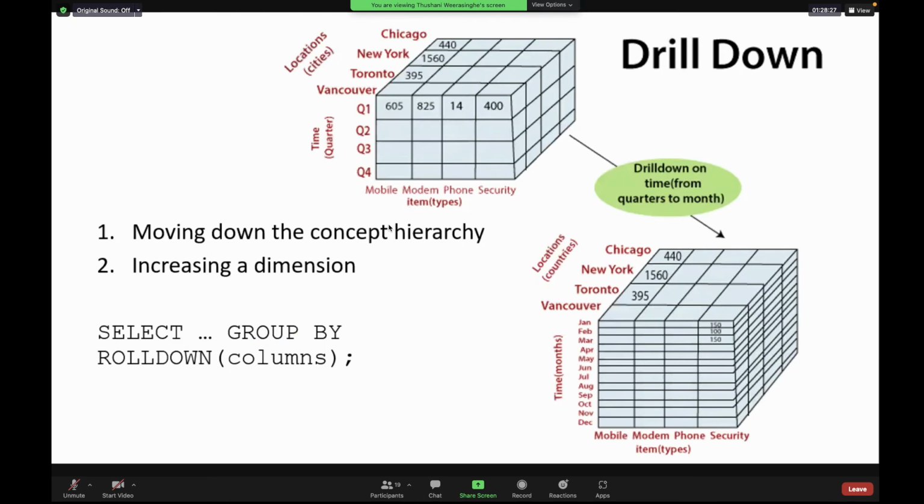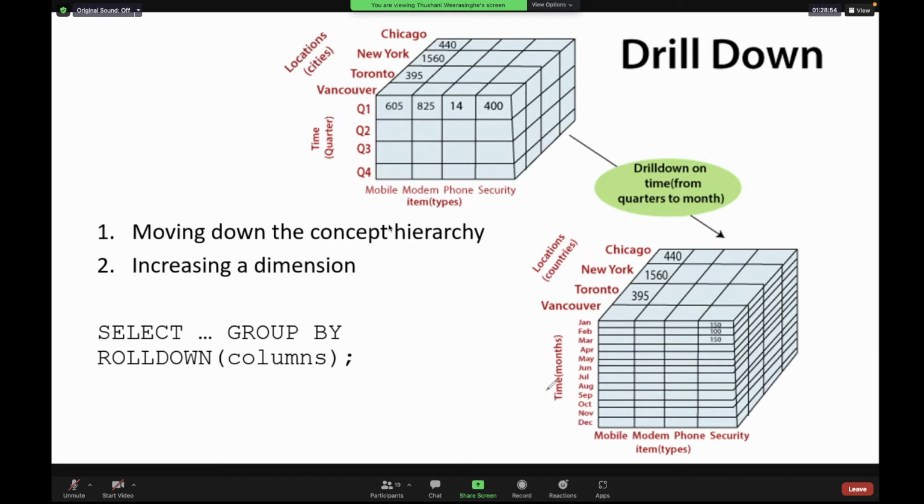So this one is the other way around. Drilling down for more details, so all the columns need to be seen. So then you need to roll down the columns so you can see the detailed information. This is about summarizing, and this is about detailing. So drilling down into further details, you will have more fields here.